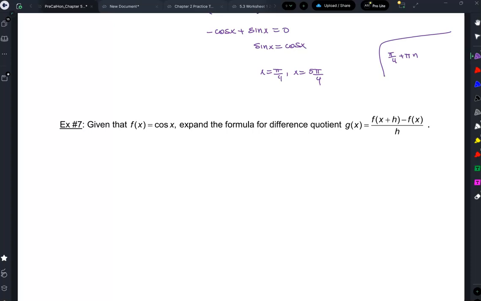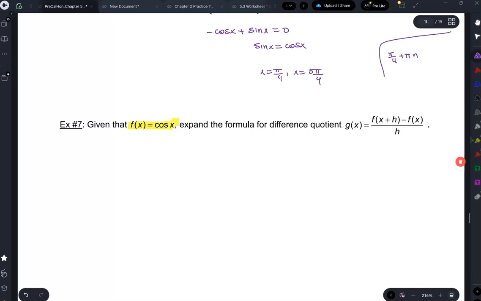And so I'm like, okay, it's a good idea to start now. So let's do this. We are given that f of x equals cosine x. We want to expand the formula for the difference quotient. That's what this is called. So I want to create g of x equals blah, blah, blah.